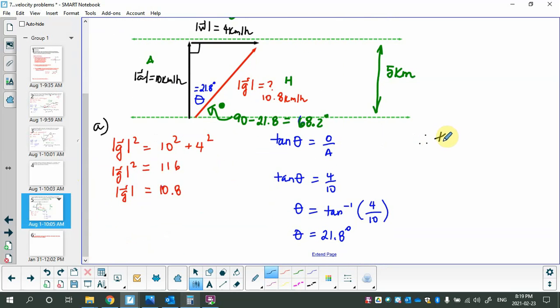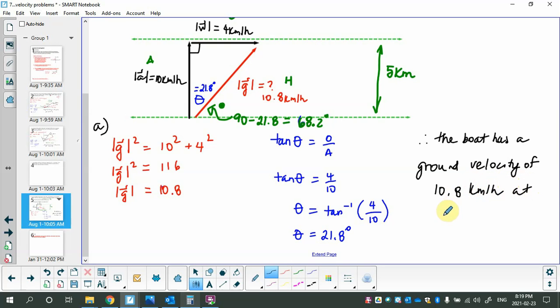So therefore, the boat has a ground velocity of 10.8 kilometers per hour at, I'm going to say, 68.2 degrees to the shore, which seems a bit more logical than 21.8 degrees to perpendicular to the current, which is a bit more of a mouthful.